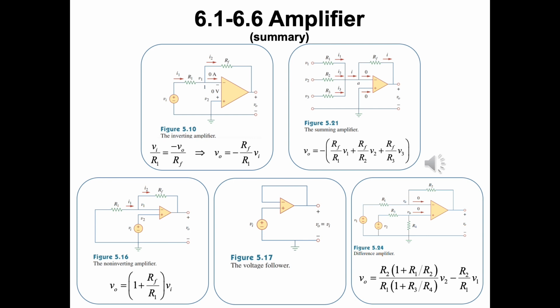Then, the voltage follower at middle bottom and the difference amplifier at the bottom right. As we can observe here, the inverting and non-inverting amplifiers are related to each other, but different in terms of the addition of 1 to the resistor ratio.